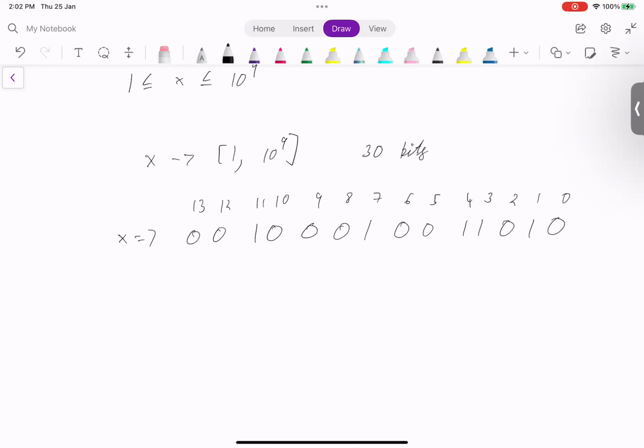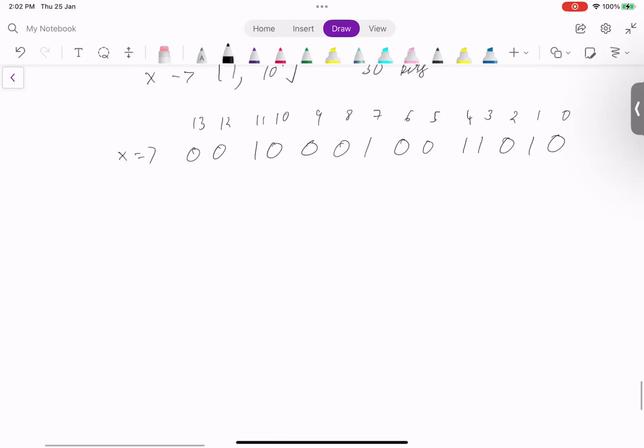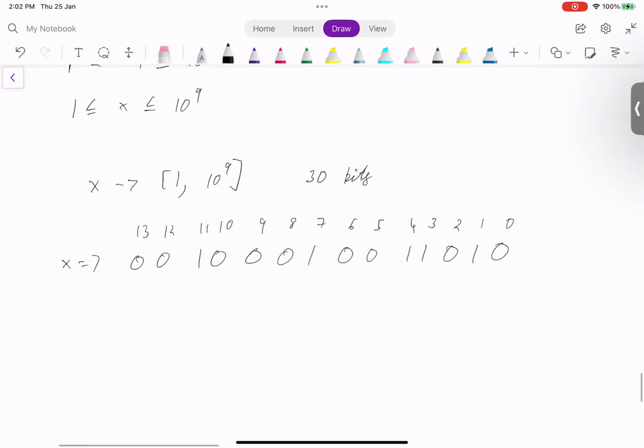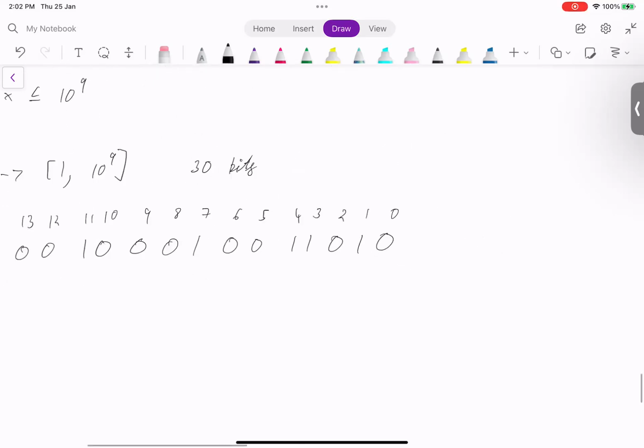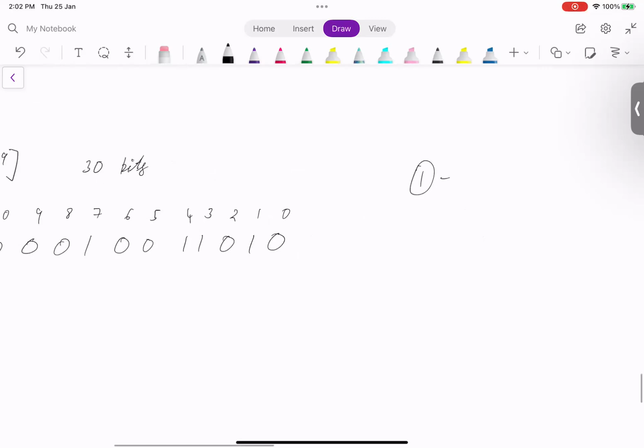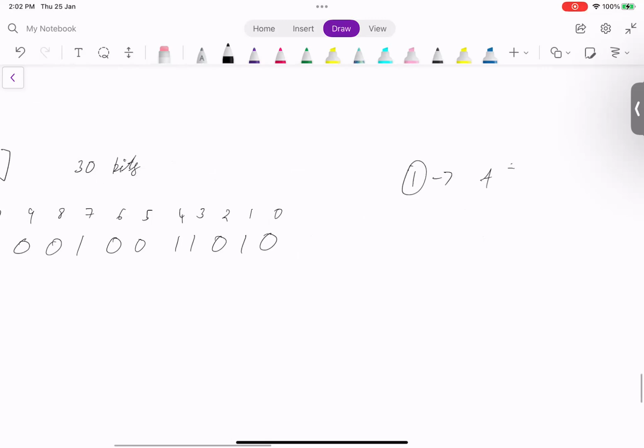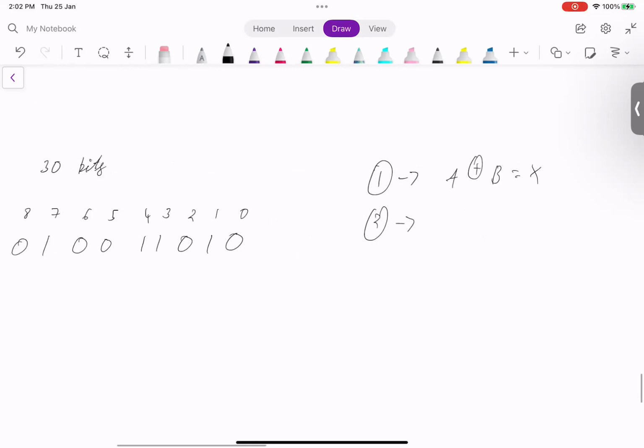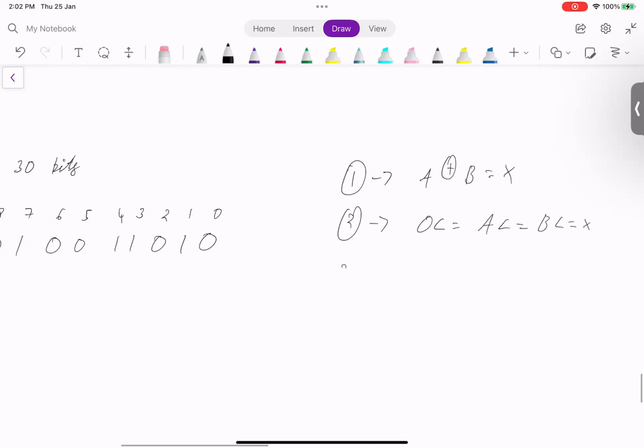Now, firstly, let us observe one thing. Our aim is to first make the three conditions satisfy: find a, b such that a OR b is equal to x, 0 is less than or equal to a less than or equal to b less than or equal to x, and b minus a is as small as possible.